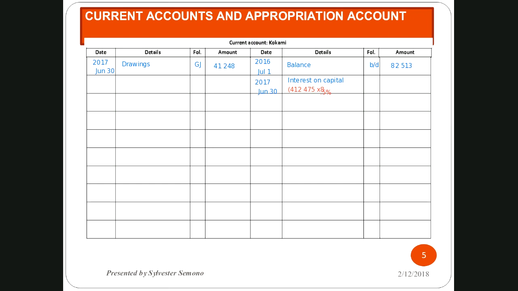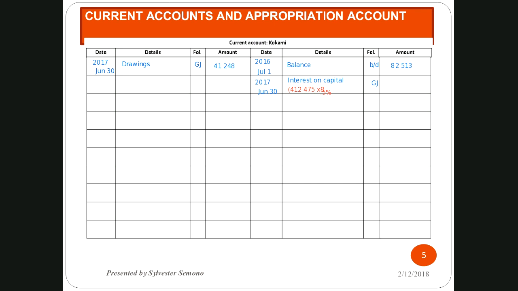And then I'm going to show that it's going to the GJ, and then the amount for Kugami's interest is going to be 412,475 times 8.5%, which is 35060.38. Okay, that is the interest on capital.